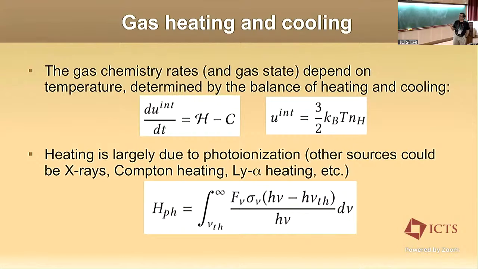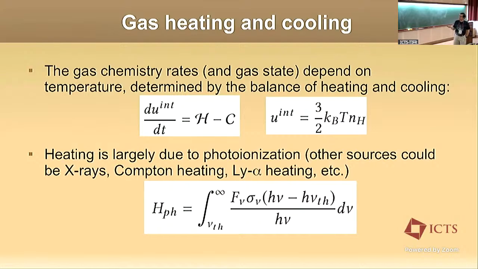And there is also cooling, which is, there are many processes that cool the gas. So overall, in order to get the temperature state or the internal energy evolution over time, you need to basically calculate the evolution based on the heating and the cooling of the gas. And the heating comes mostly from photoionization, but can also have X-rays, Compton heating, Lyman alpha heating, depending on the physics you're including.